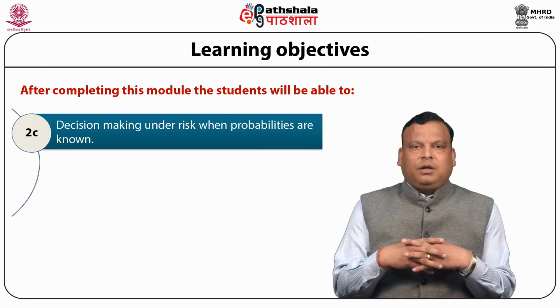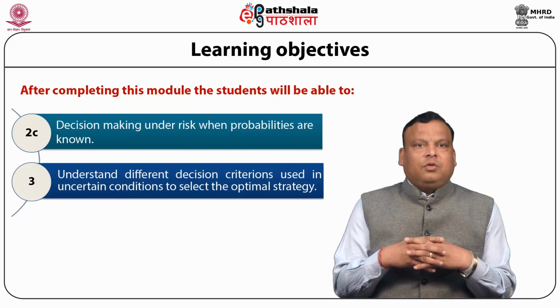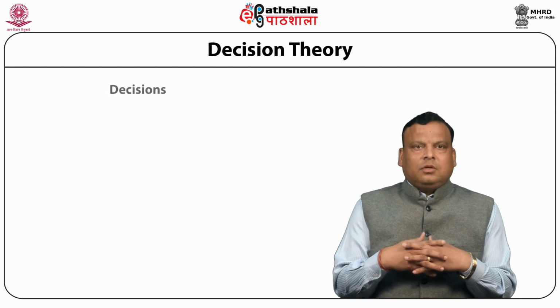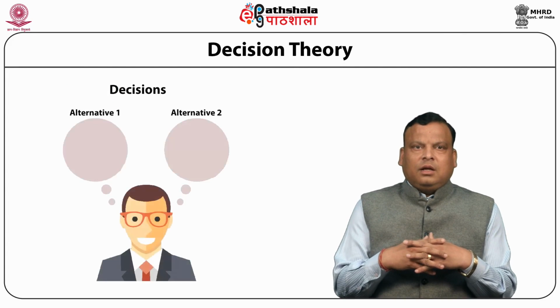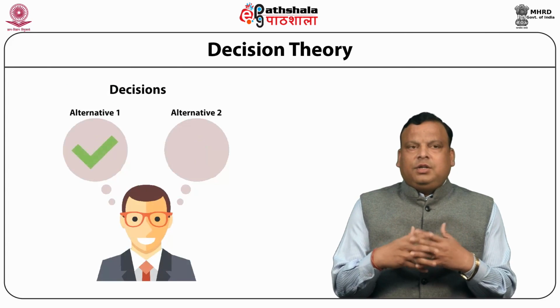And the third important aspect of this module is that it would enable you to understand different decision criteria which are used in uncertain conditions to select the best optimal strategy. So dear students, decision theory talks about decision making.